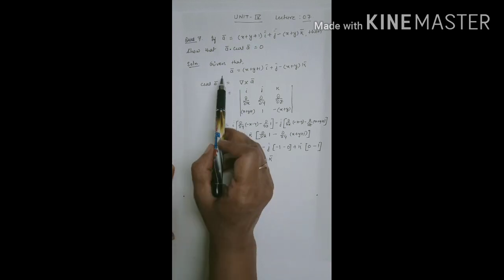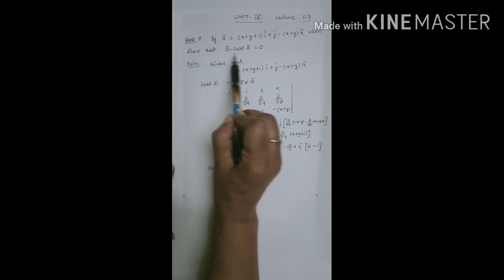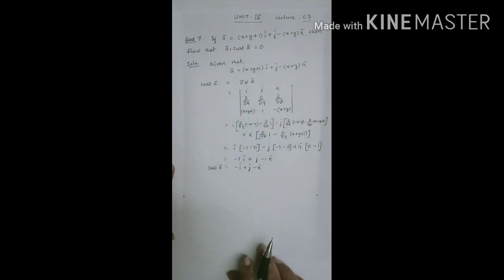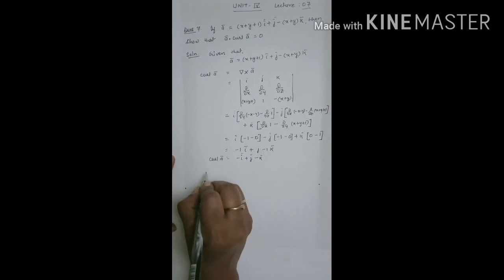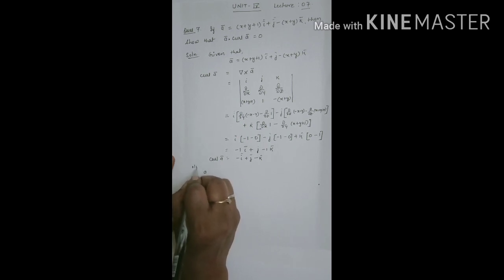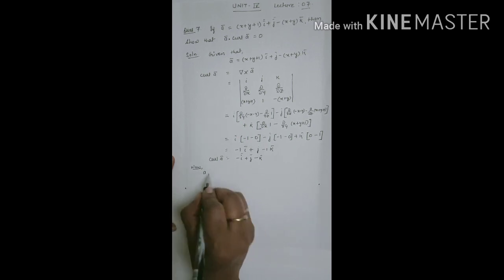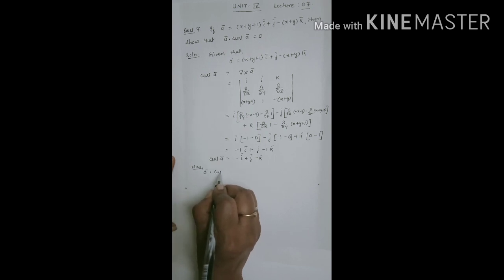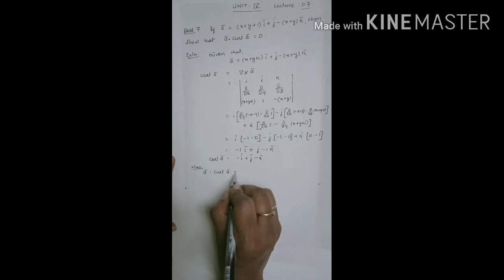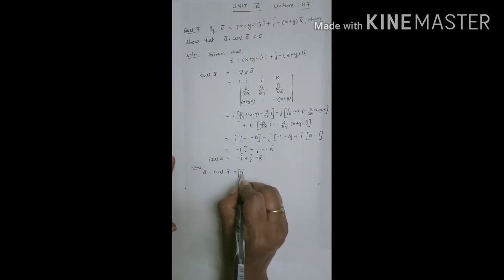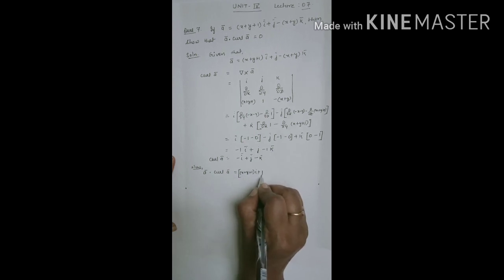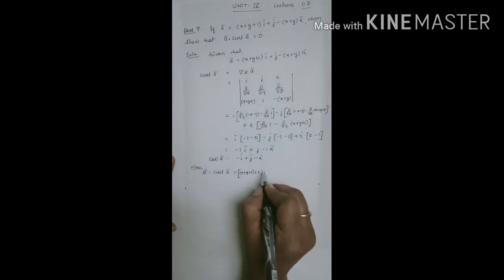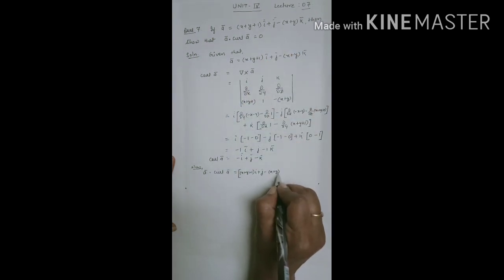Now what you have to show? You have to show that A dot curl A equal to 0. So let us find the value of A dot curl A. A dot curl of A is nothing but, write the vector A. Vector A is (x plus y plus 1) i plus j minus (x plus y) k.